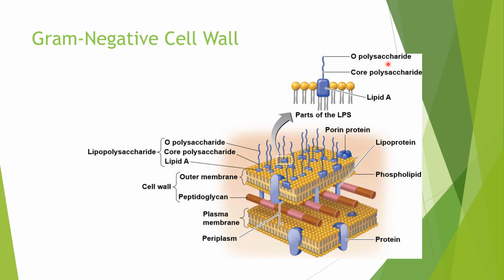And so that O polysaccharide is acting the same as the teichoic acid in gram-positive bacteria. So the teichoic acid in gram-positive and the O polysaccharide in the gram-negative have the same function, which is, again, they help us identify which type of bacteria we are talking about.